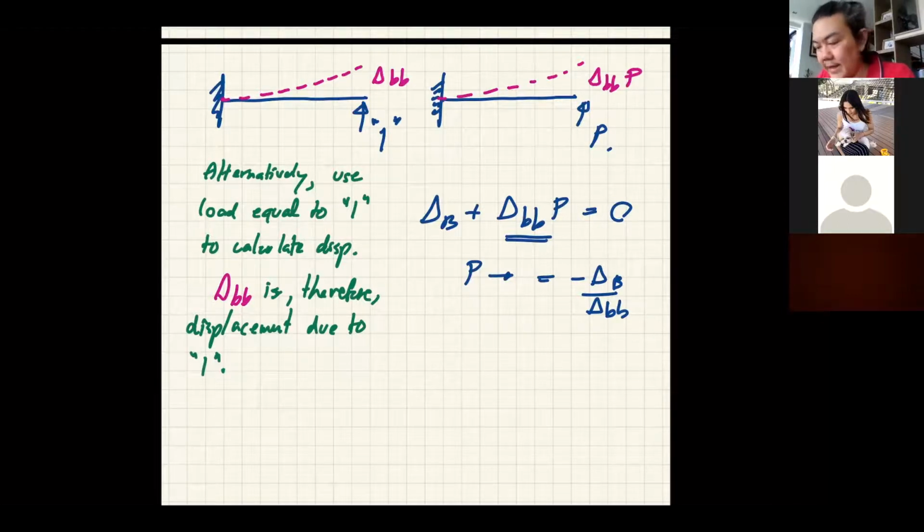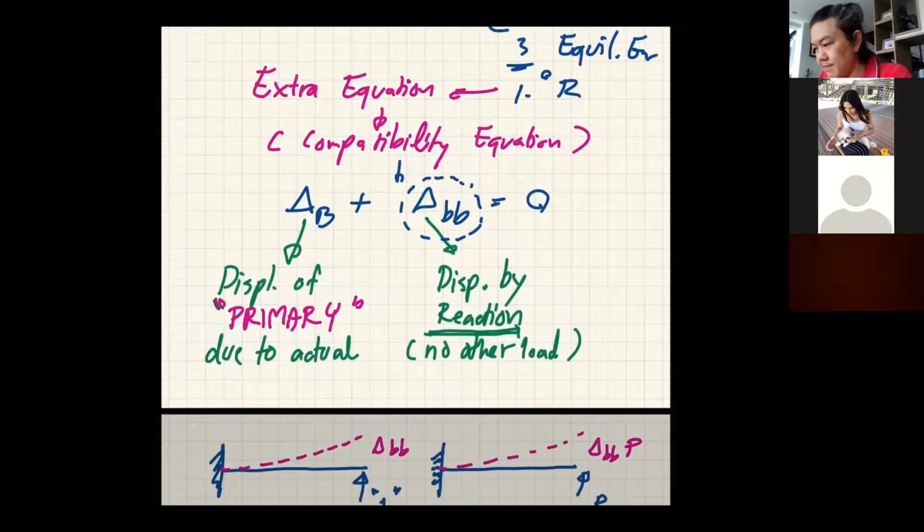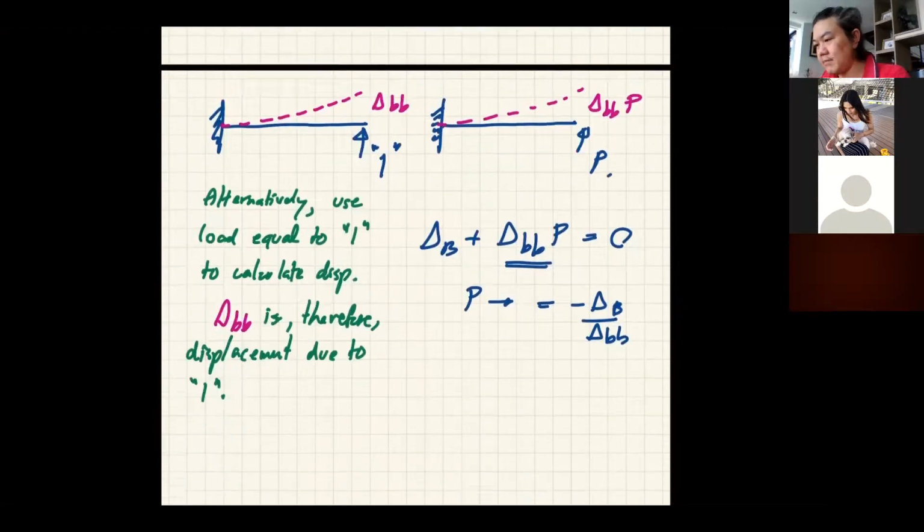And we'll come back here to the calculation of the indeterminate structure itself, hoping that you get a better picture out of it. So is there any question? Okay, quiet as usual.